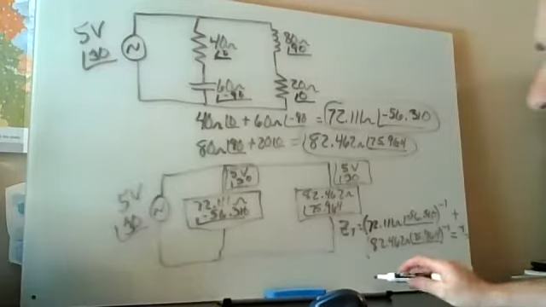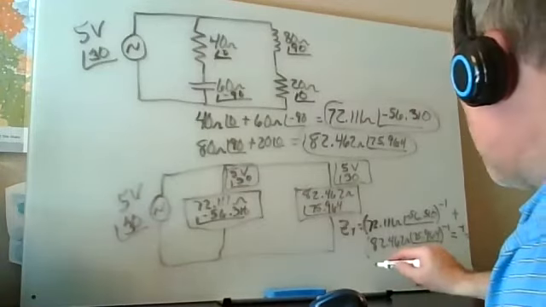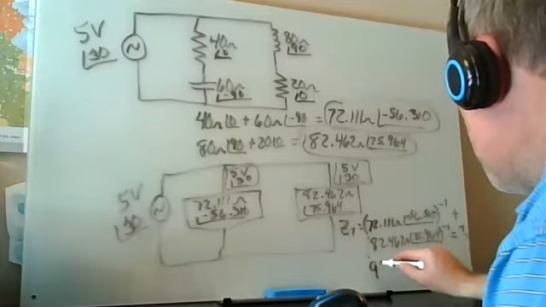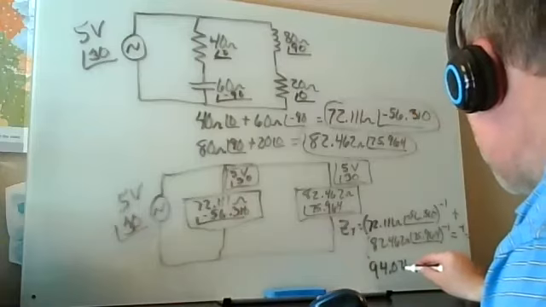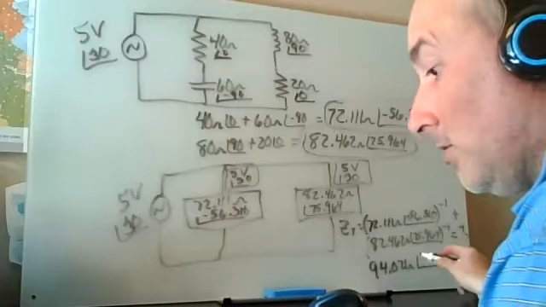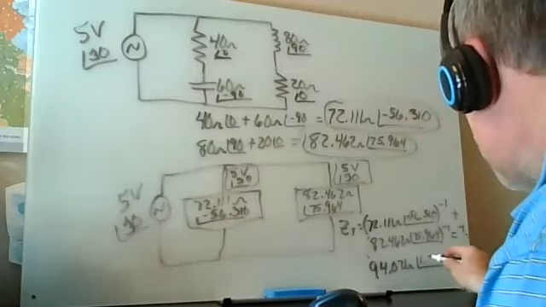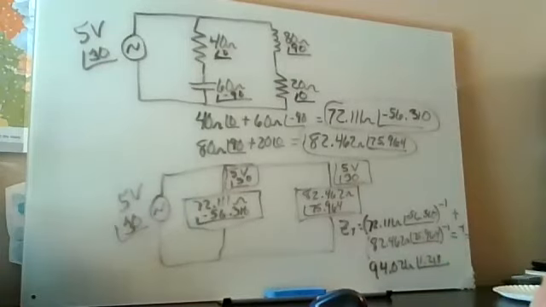When I do that, you should get 94.021 ohms at an angle of 1.218. So everybody do that and make sure you get Z total 94.021 ohms at an angle of 1.218.